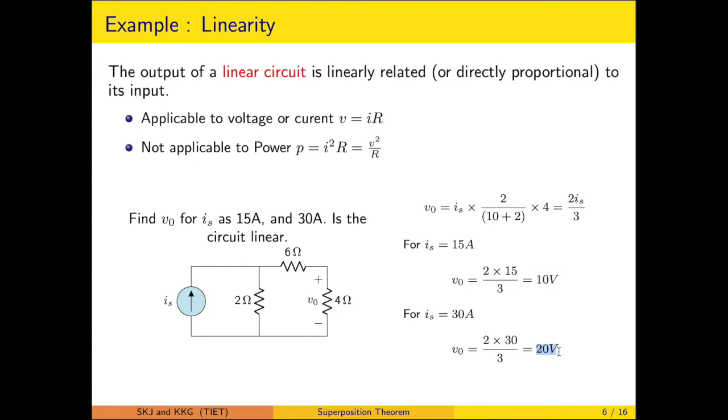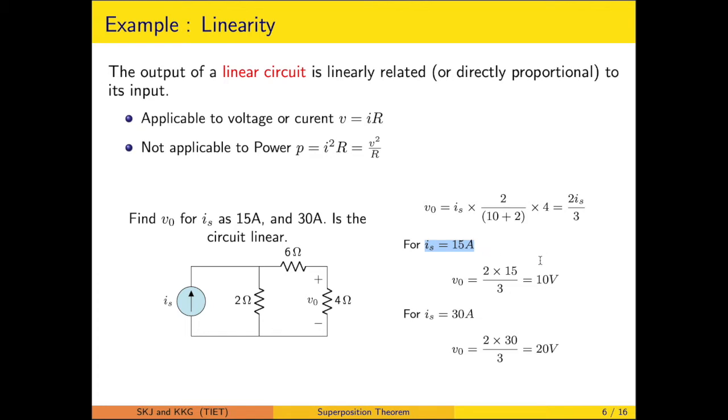So you can justify the scalability property: the input is multiplied by a factor 2, and that's why the corresponding output is also multiplied by 2. Or, to look at the additivity property, the first current is 15 ampere and the second current is also 15 ampere.